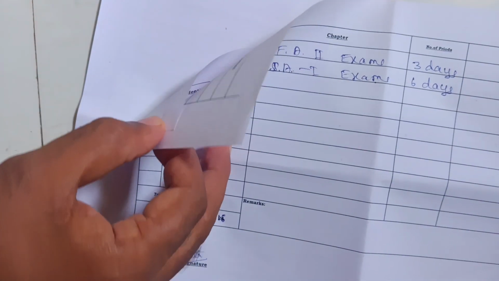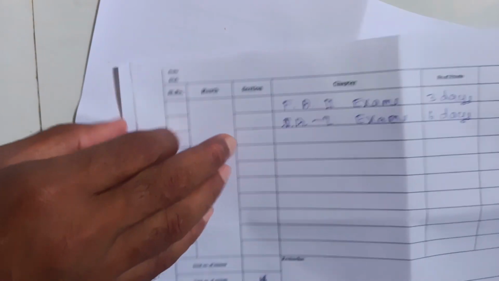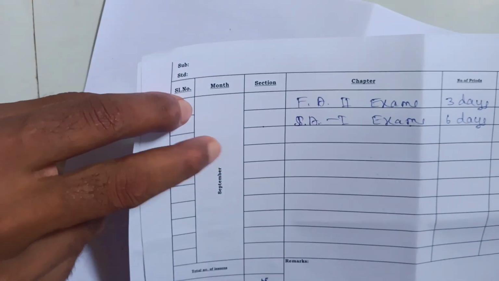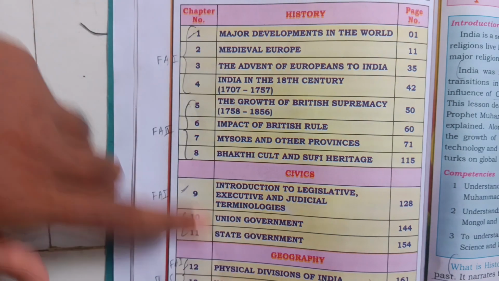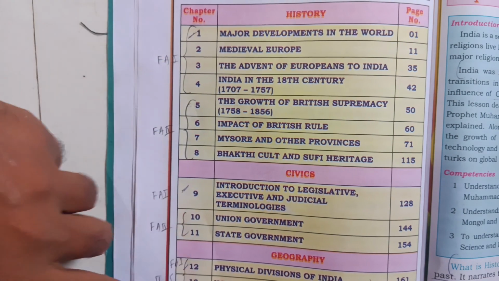You have to make the second semester prospectus like this one. See, I have divided the total number of lessons into FA1 and FA2 lessons.